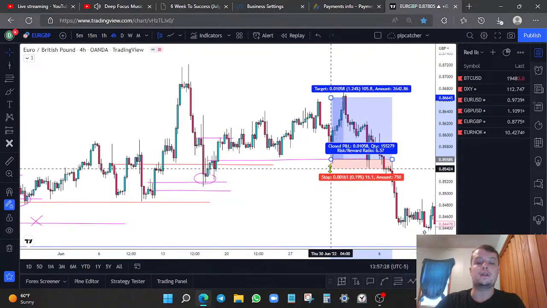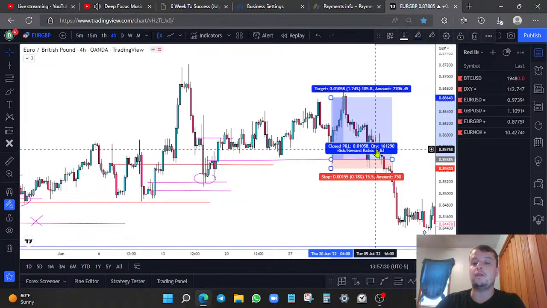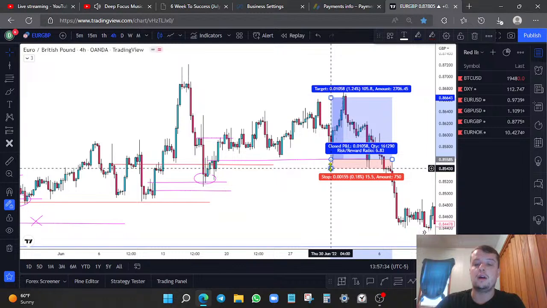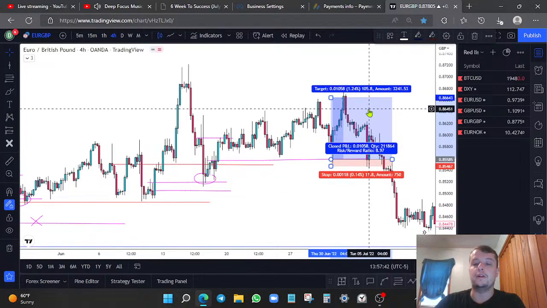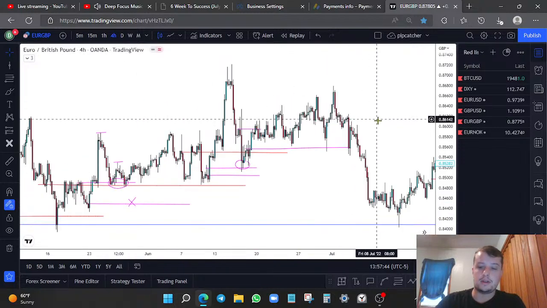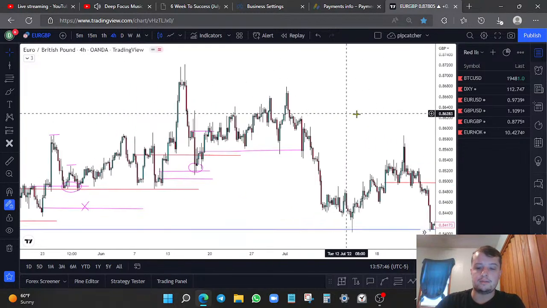If you went just a little lower at 15, you got almost a 7 to 1 reward ratio. What would 10 pips be? Almost a 9 to 1. So, these setups are very, very clean.